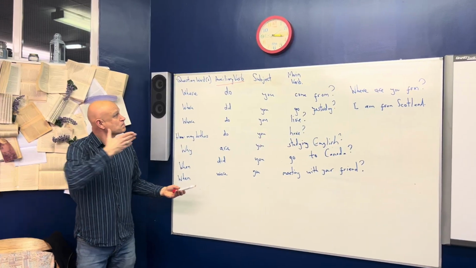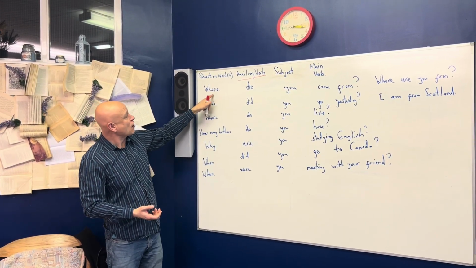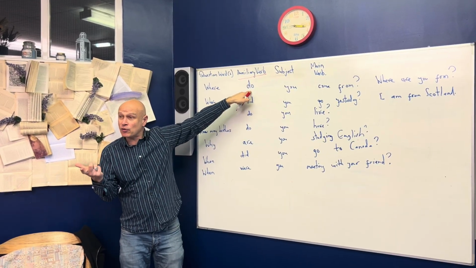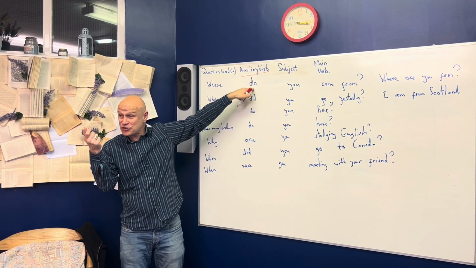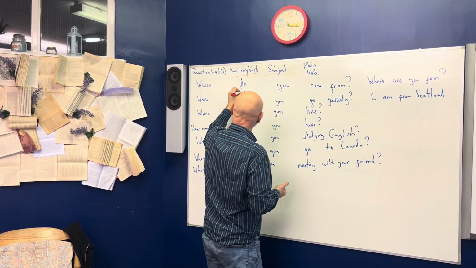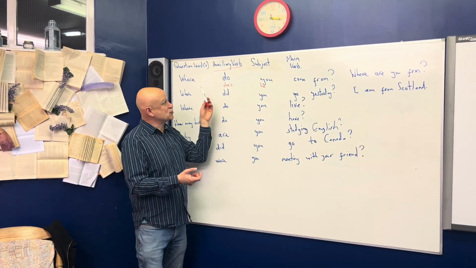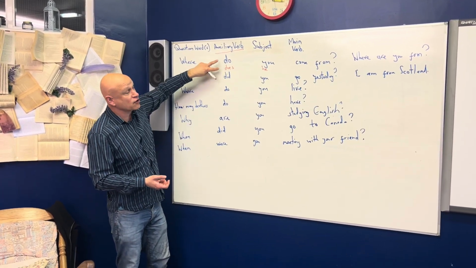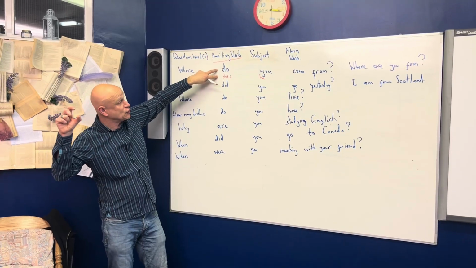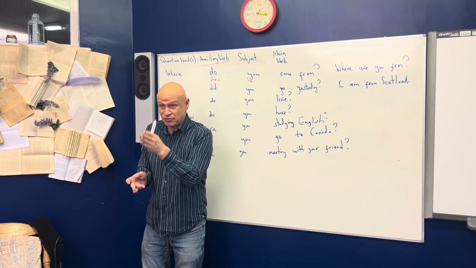Now look, in the present simple, we use the present simple auxiliary verb, which is do. And of course it could be where does he as well. But even if it's where do you or where does he, because you've used the auxiliary verb do, the main verb is always infinitive, present simple first person.